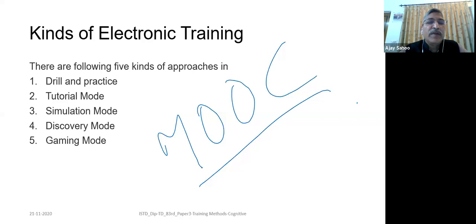Fourth is the discovery mode. In the discovery mode, basically what happens is you are given certain situations, and the learnings will be inbuilt in those situations. Say there's a case study, or there is a treasure hunt, or whatever. It can be done online.